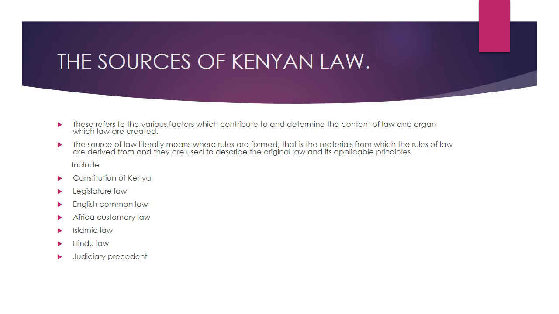The sources of law literally means where laws are formed. That is, the material from which the laws are derived, and they are used to describe the original law and its applicable principles.